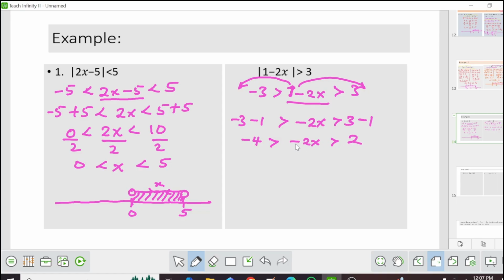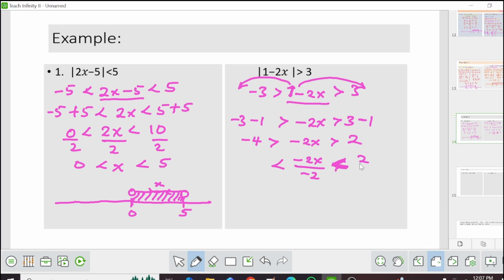So I have to divide both sides by a negative number. Look at this, I have minus 2x. To find x, I have to divide every term here by a negative number. So I divide minus 2x by minus 2, and once I divide, the operation will change.